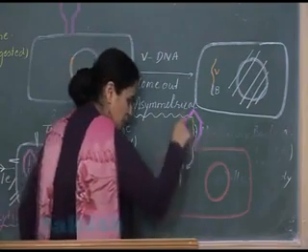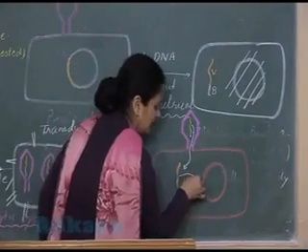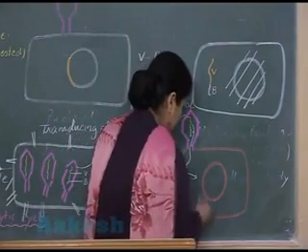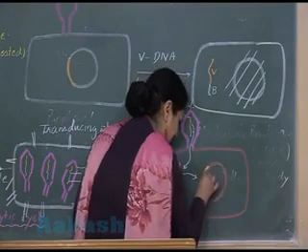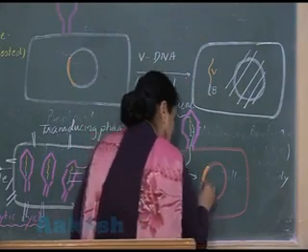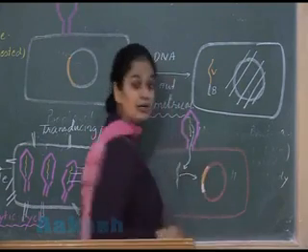Now once the virus DNA is released here, the next step, it will show the integration, right? So integration will occur. This one, virus DNA. Along with that, there is integration of bacterial DNA.